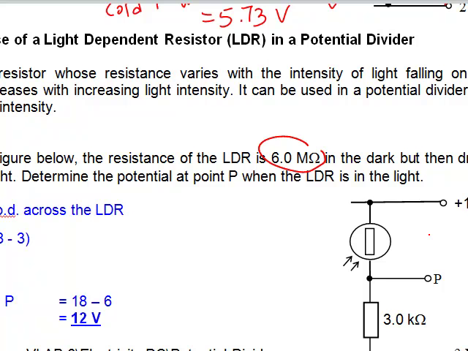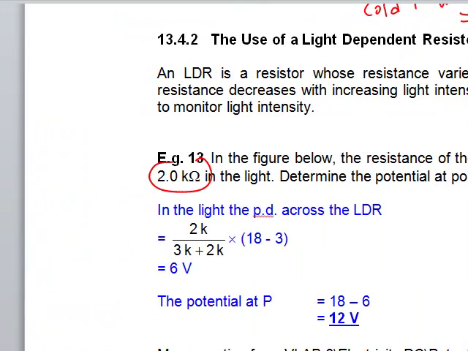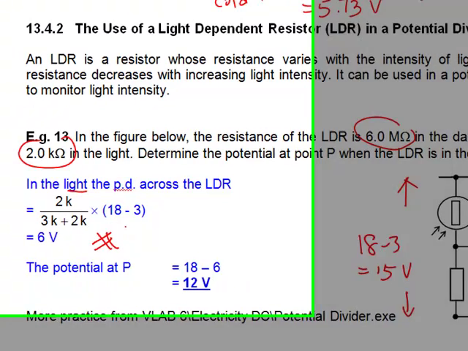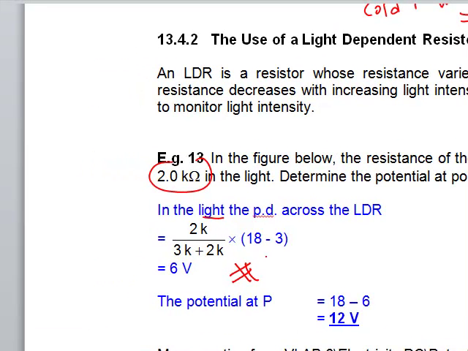So in bright light, the potential difference across the LDR, or the light dependent resistor, is 2000 ohm over the total resistance of 5000 ohm, and this time the total potential difference is 18 minus 3, or 15 volt, and you get a PD of 6 volt. Now this 6 volt is the potential difference across the LDR.